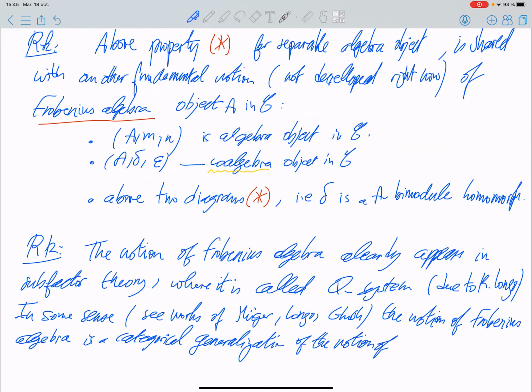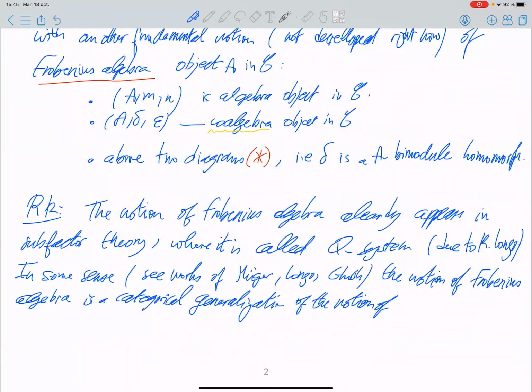Subfactor is a notion coming from analysis, coming from von Neumann algebra. To deal with subfactors, you are in a very specific framework.